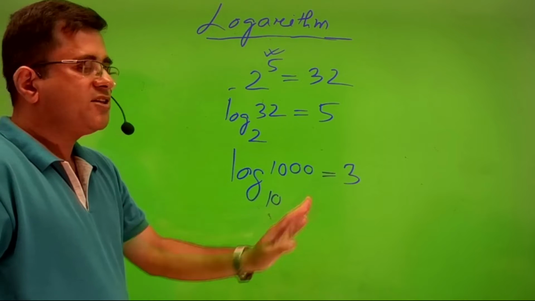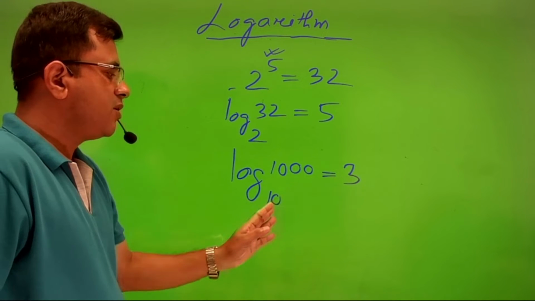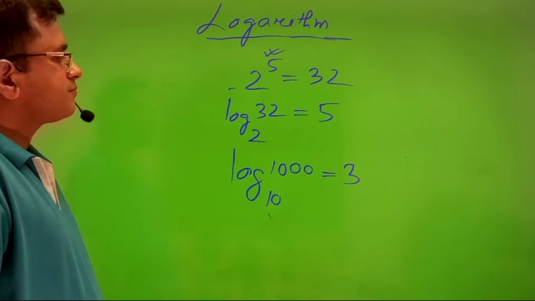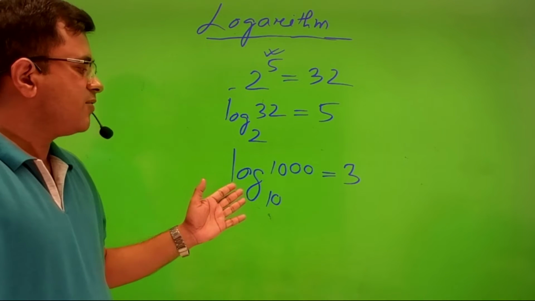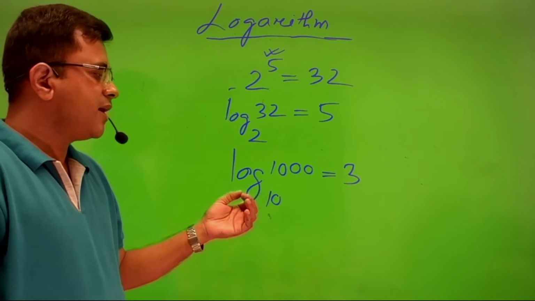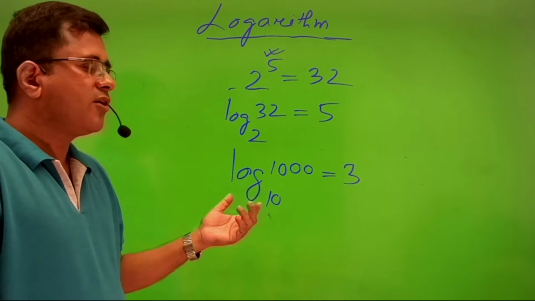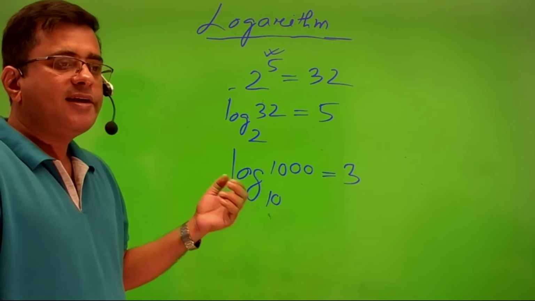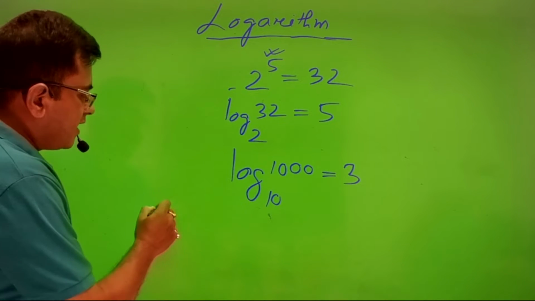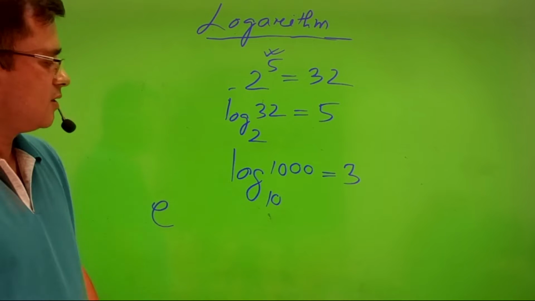The answer will be 3, because we multiply 10 three times to get 1000. When the base of a log is 10, these logarithms are known as the common logarithm or the decimal logarithm.